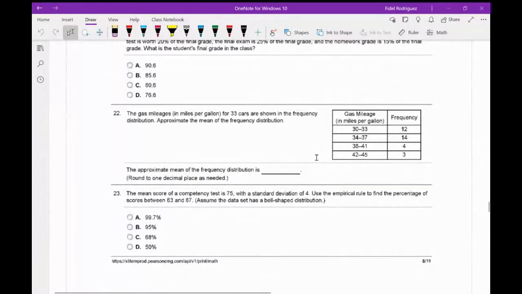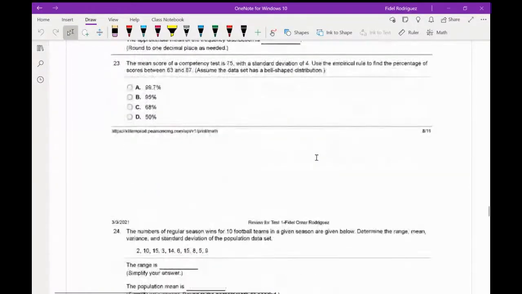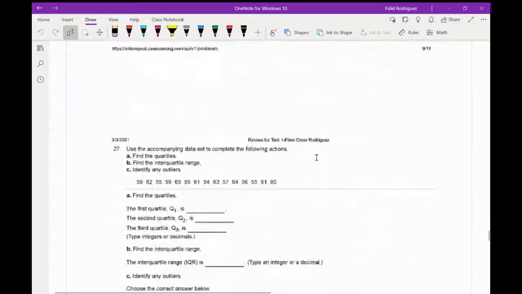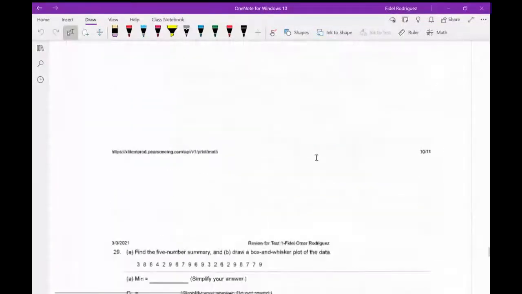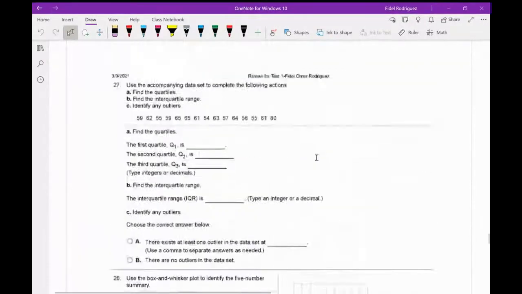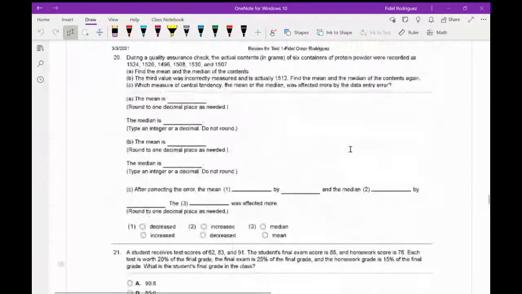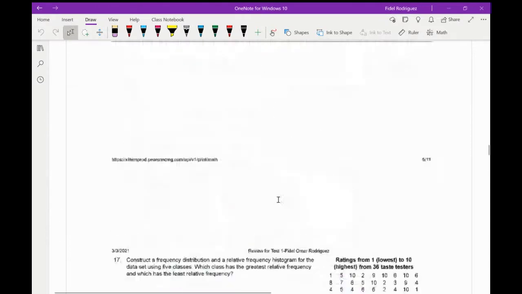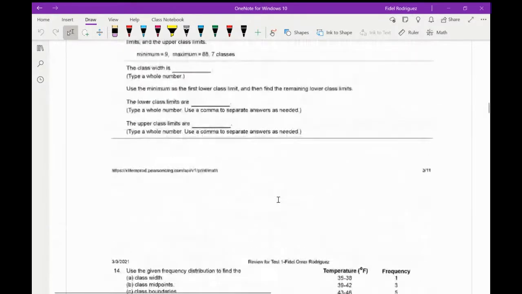Let's see. Weighted mean. No, I must have passed it. Looking at my formula sheet, yeah, weighted mean, I see it there. I'm just trying to find the problem that uses the weighted mean.